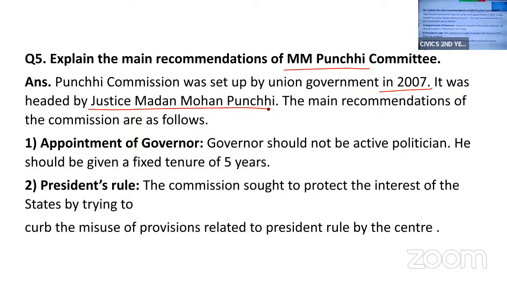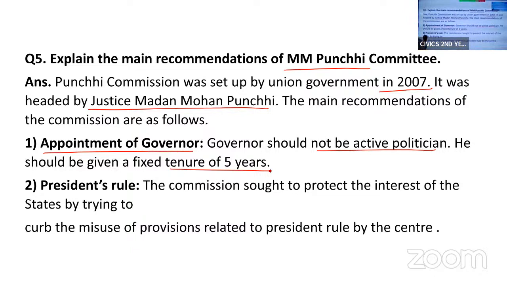So, what are the recommendations of Punshi Commission? The first is appointment of governor. Same as in Sarkariya Commission, they said that governor should not be an active politician and his tenure should be fixed for 5 years. Okay, the tenure of governor should be fixed as 5 years.